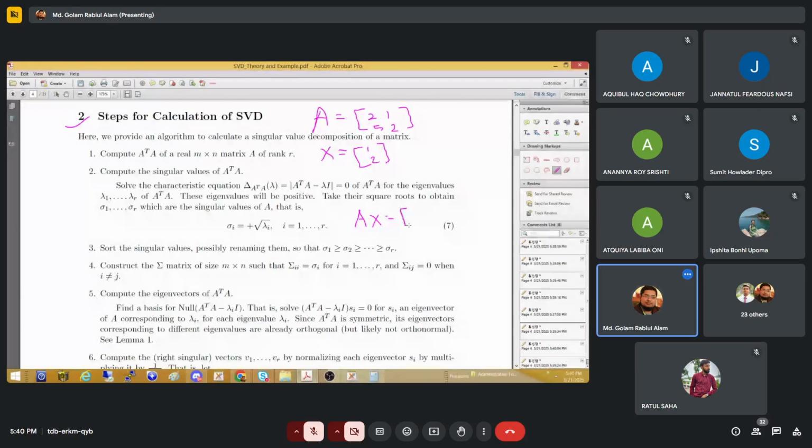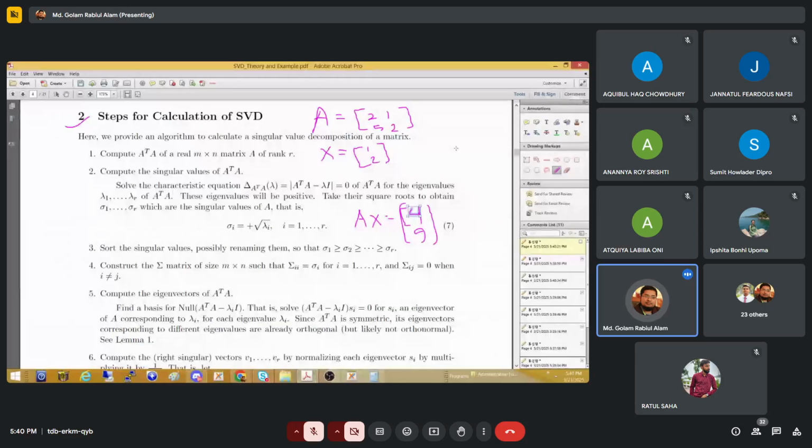And then 5 and 4, that is 9. So here 4 and 9.